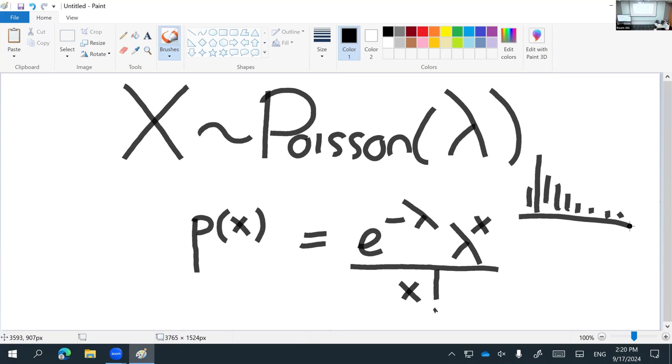Maybe on average it's like 10 car crashes a day in the city of Bangkok. Most of the time it's less, 9, 8, 12. It's very rare that it's going to be like 50 accidents in one day. So it's going to have that kind of distribution.